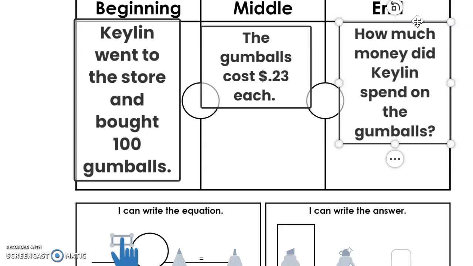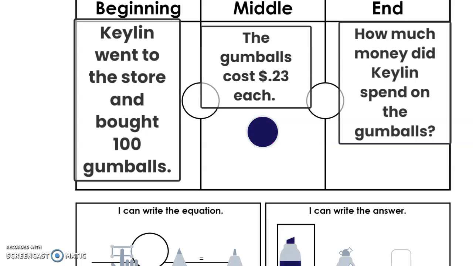Now I have to create an equation. So I'm going to go back into rereading the beginning, middle, and end and look for operation clue words. So Kaylin went to the store and bought 100 gumballs. I don't see any operation clue words there. The gumballs cost 23 cents each. I see the word each. So I want to underline the word each.